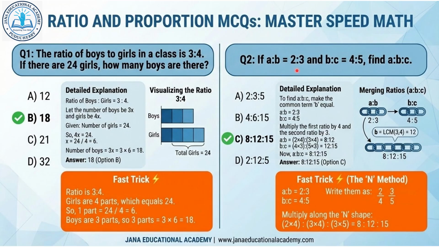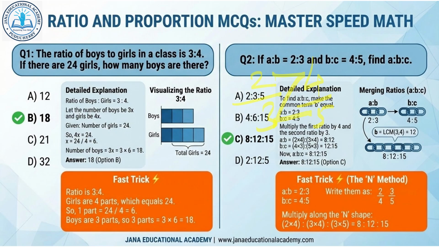Here again, we already know A is to B is 2 by 3 and B is to C is 4 by 5. I already told you the zigzag method. We can write it as 2, 3, 4, 5. Then we have to calculate like that. How? I told you, 2 by 3, 4 by 5, zigzag. 2 into 4, 8. 4 3s are 12. 3 5s are 15.